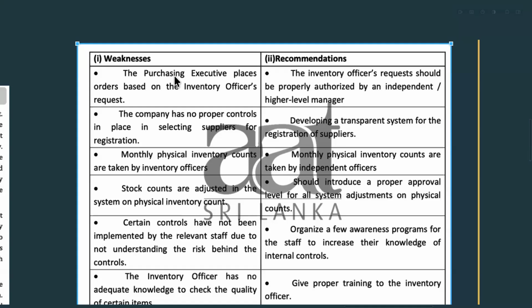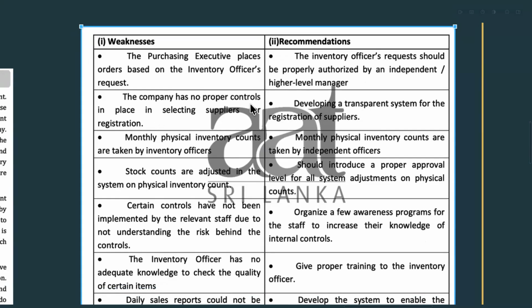Before it reaches the purchasing executives, this request should be authorized by his purchasing head or department head. Can you remember when I was talking about the MRN, material requisition note, or any purchase requisition note, that it should come after the approval of the department head? I talked about that, right? So they are not talking about any authorization. So that's a weakness.